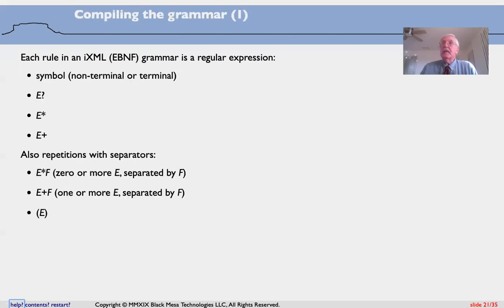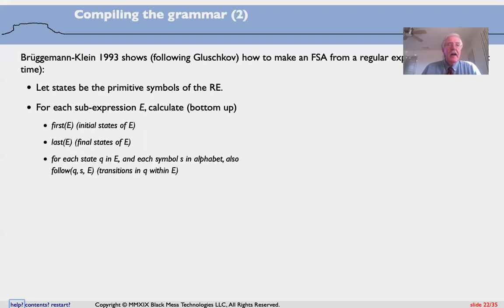Every rule in an ixml grammar has a regular expression on the right-hand side. Things can be marked optional, things can be marked as repeating, and so forth. Anna Brüggemann-Klein showed in 1993 how to make a finite state automaton from a regular expression in quadratic time.